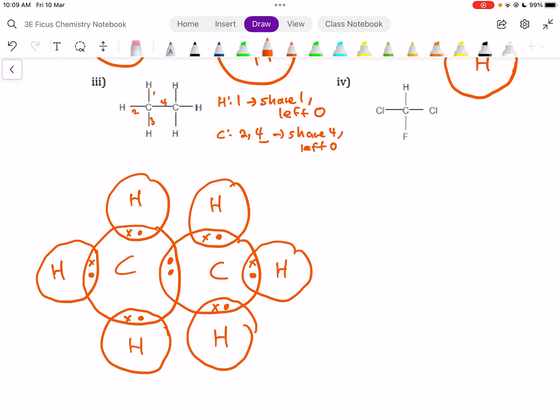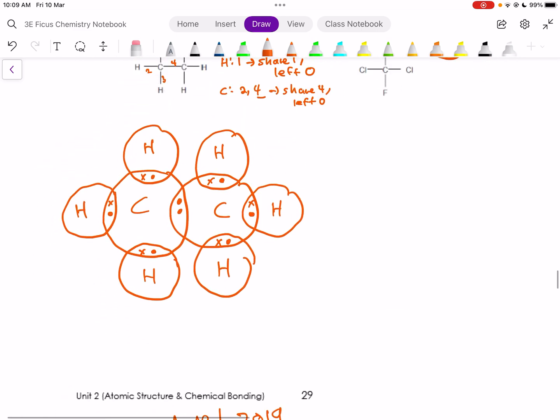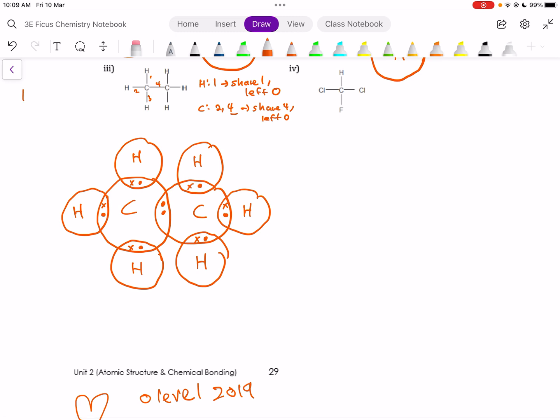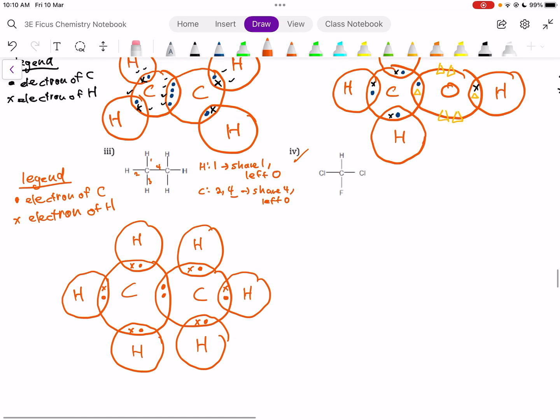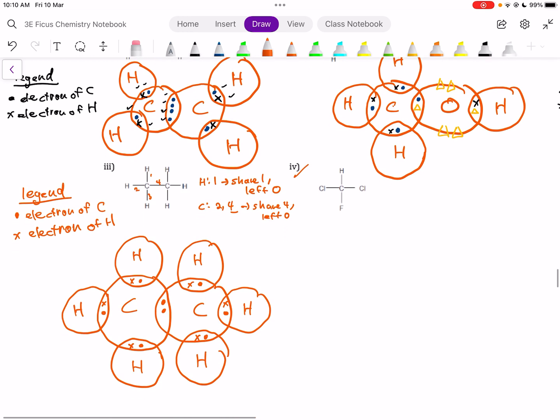Once you're done, just input your legends. Maybe I squeeze it here. Dot is electrons of C, cross is electrons of H. Then this one maybe you can try yourself, just to figure out how it looks like.